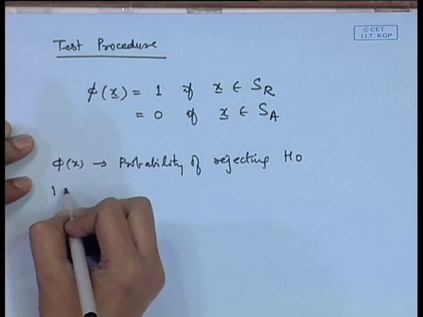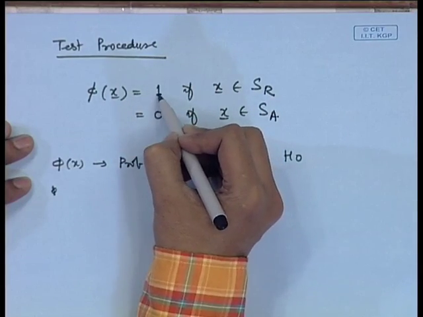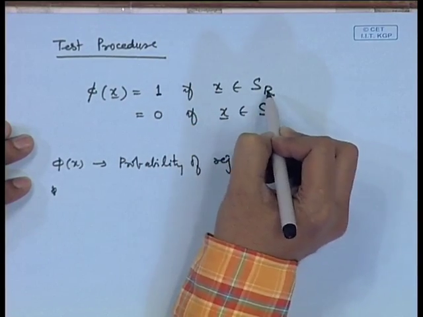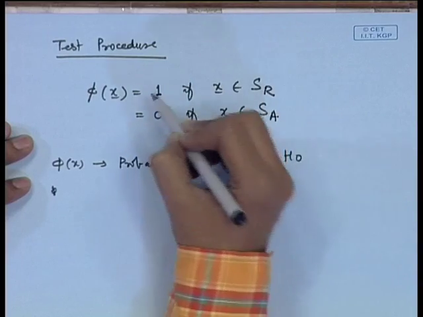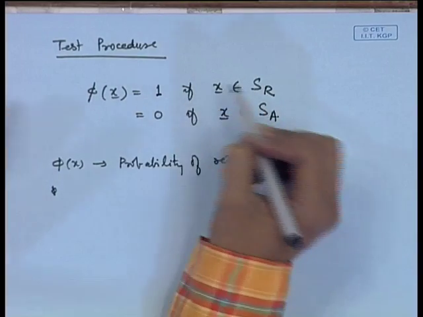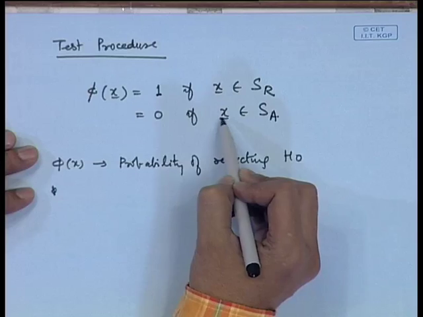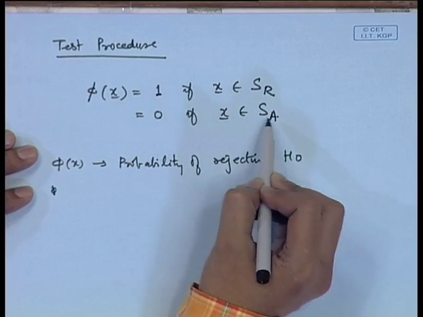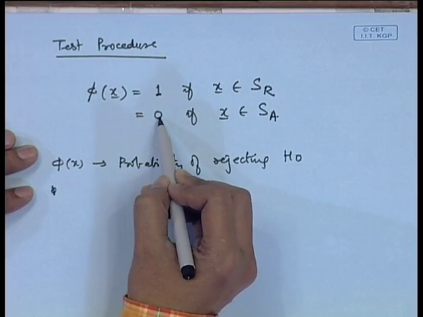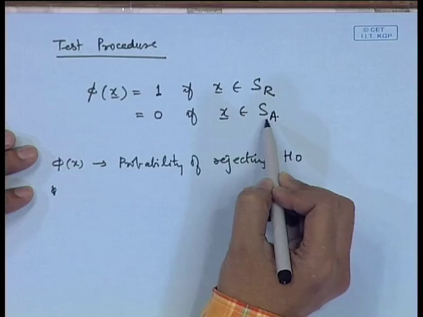So, if I say phi x is equal to 1, that means, if x belongs to S R, we reject H naught with probability 1, that means, we always reject. Similarly, probability is 0 if x belongs to S A means that we never reject H naught when x belongs to S A.